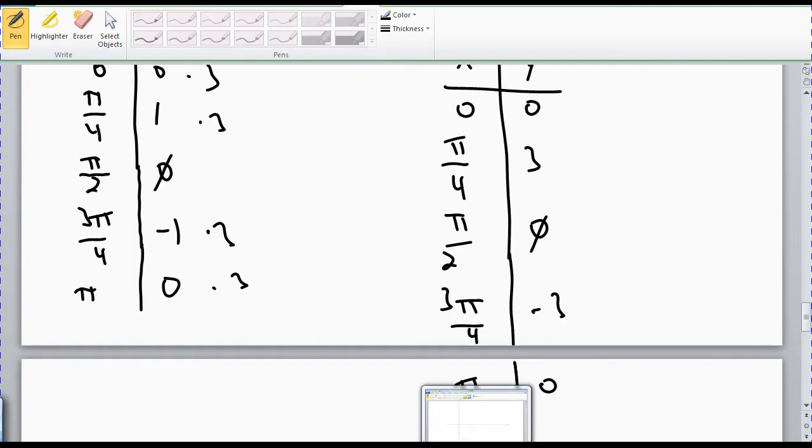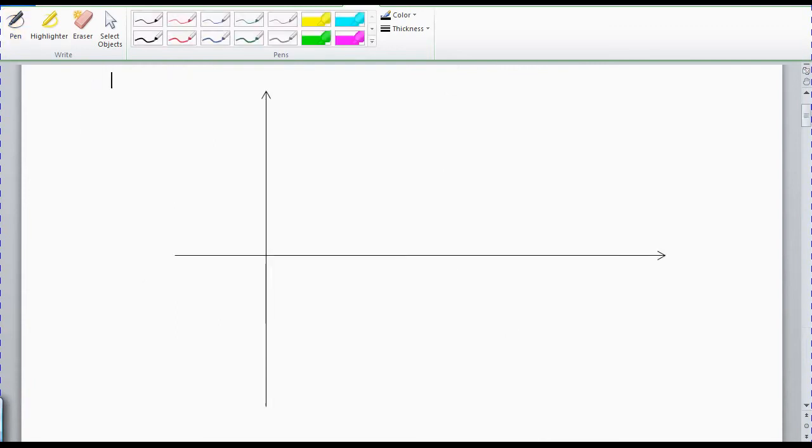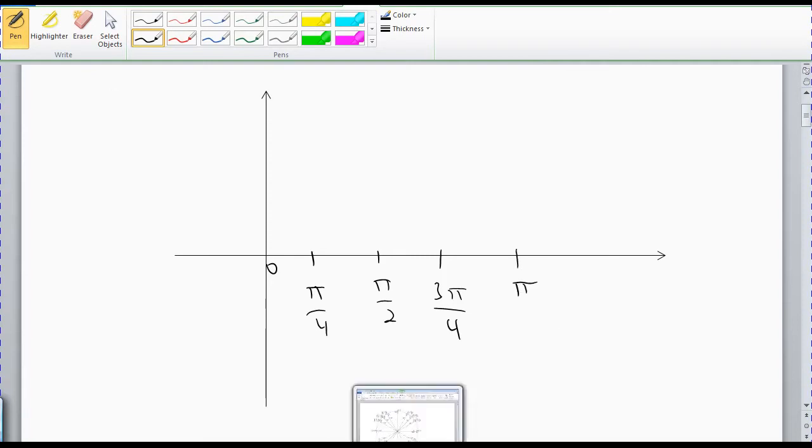So let's go to blank graph, using 0, pi fourths, pi halves, 3 pi fourths, and pi.